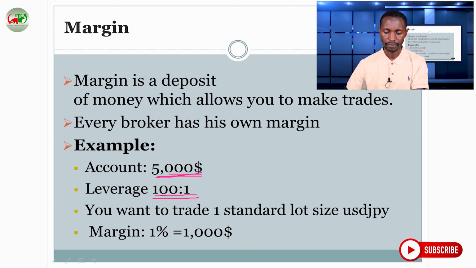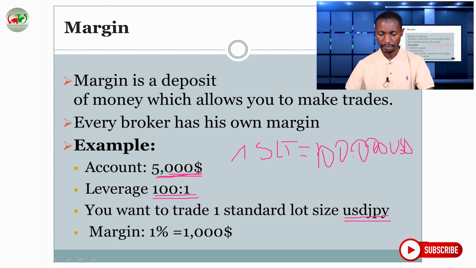Let's say you want to trade USD/JPY, and you want to trade one standard lot size, which in this case will be 100,000 US dollars, because we've seen that the standard lot is 100,000 units of the base currency.